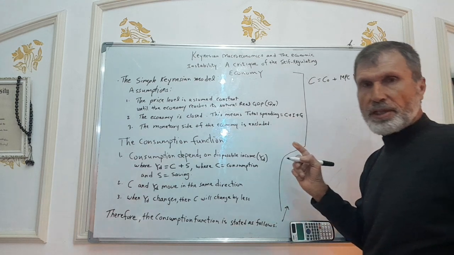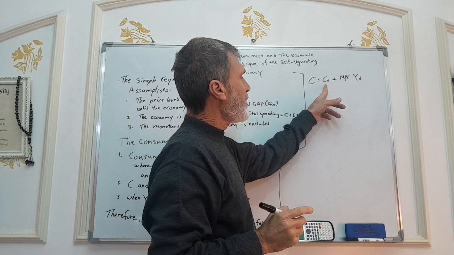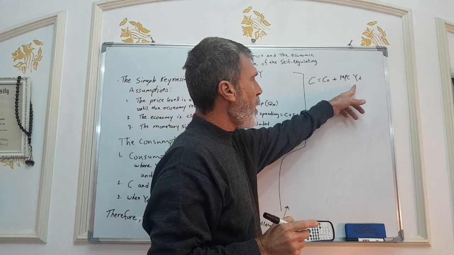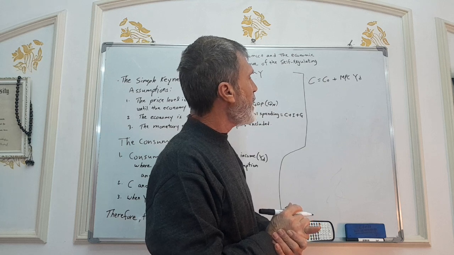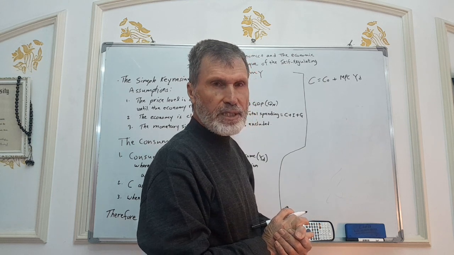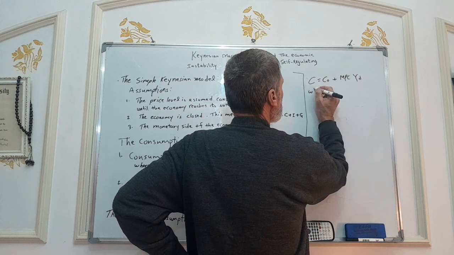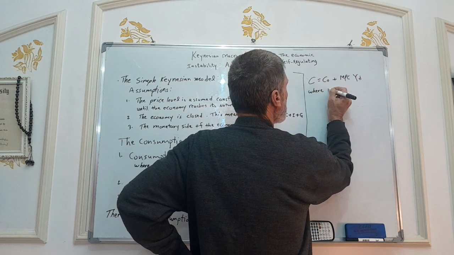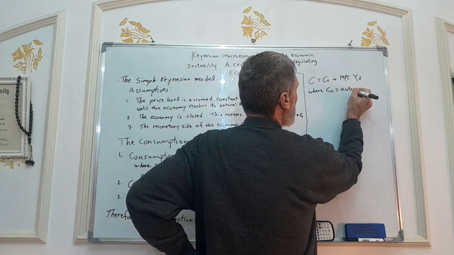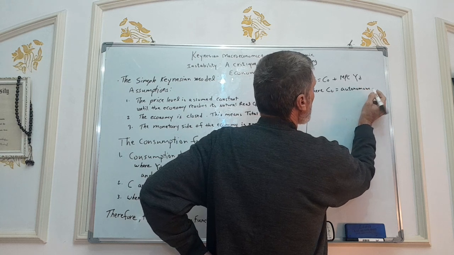So consumption is equal to C0 plus MPC times YD. Let's discuss these three important variables in this consumption function, where C0 is autonomous consumption.